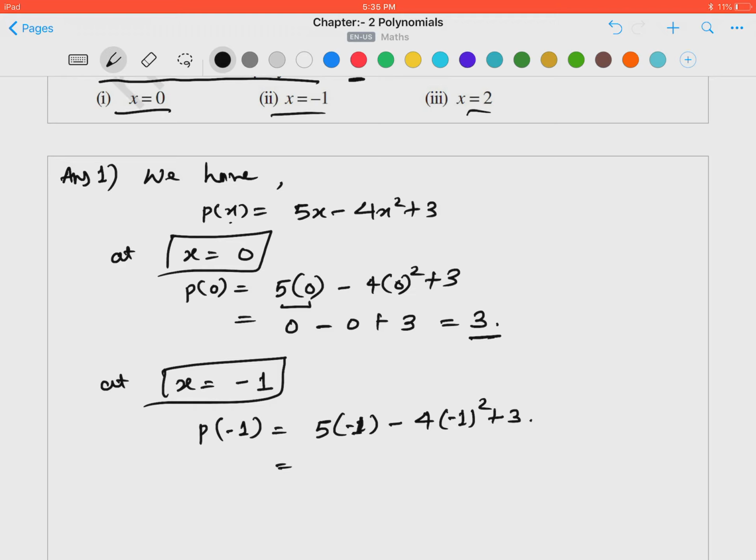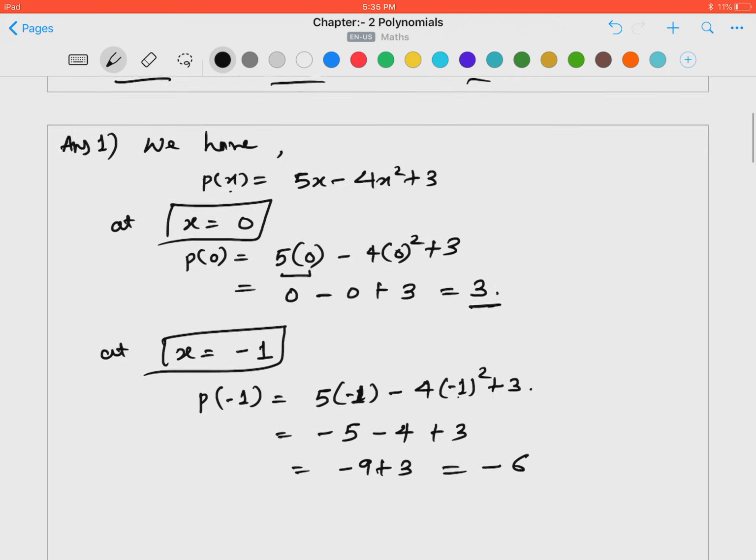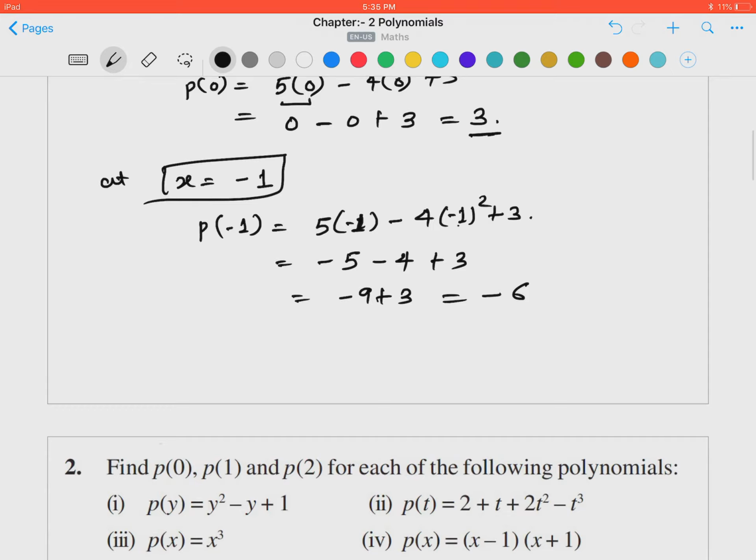Minus 1 into 5 is minus 5, and minus 1 square is plus 1, into minus 4 is again minus 4, and then we have plus 3. So minus 5 and minus 4 will be minus 9, plus 3 equals minus 6. So the value of this polynomial at x equals minus 1 is minus 6.